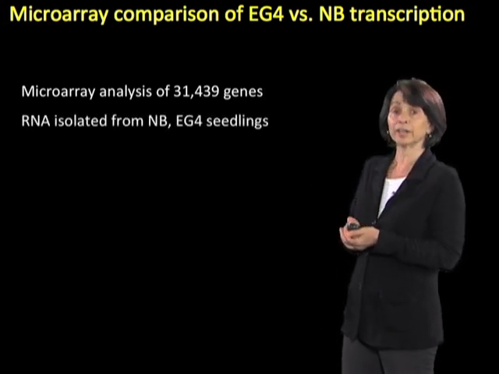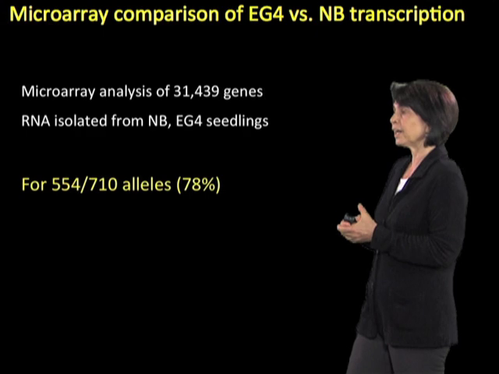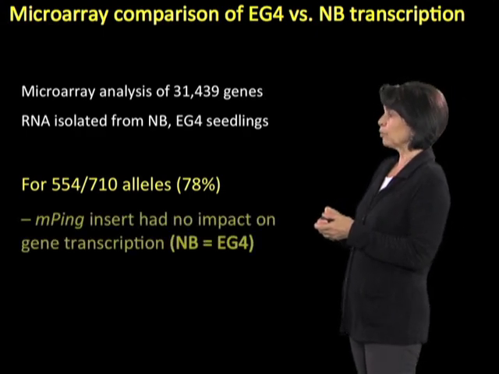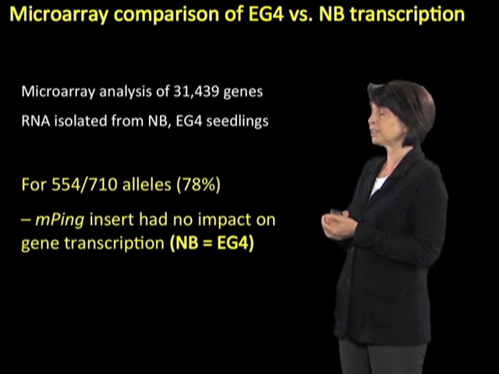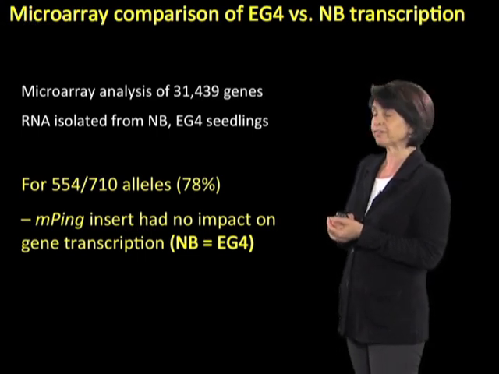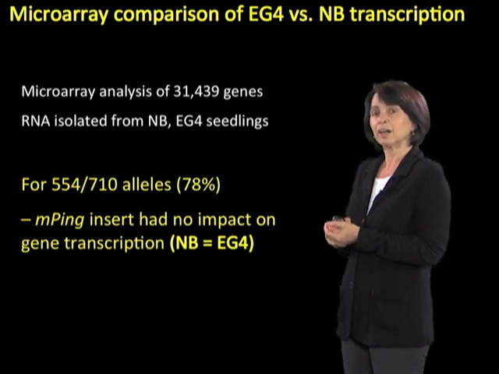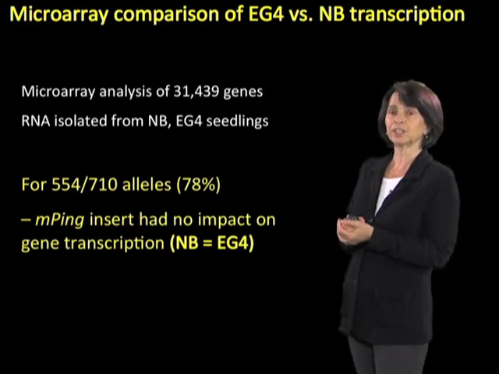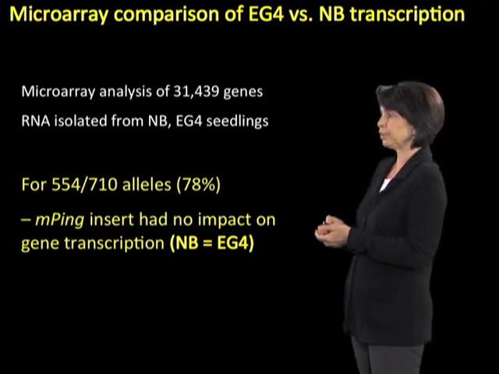He isolated RNA from Nippon-Bari and EG4 seedlings, and essentially he determined that for a significant percentage of these alleles, there was no difference in gene transcription. So for 78%, the transcript levels for these genes were largely the same in Nippon-Bari as they were in EG4.